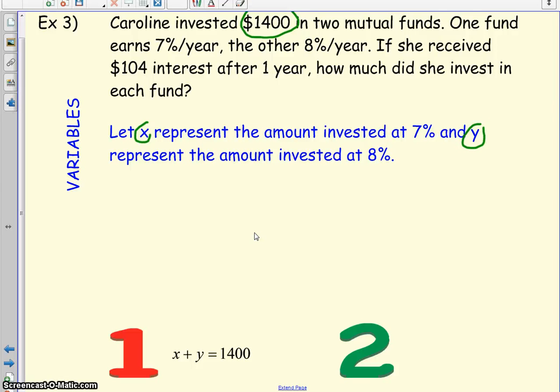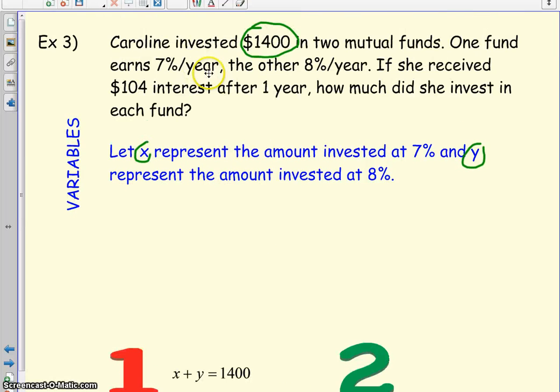For the second equation, we're going to now take into account the interest. She's earned $104 of total interest after 1 year. And how's that interest made up? Well, it includes 7% of what she invested in the first mutual fund. 7% as a decimal, remember we divide by 100, so that's going to be 0.07.